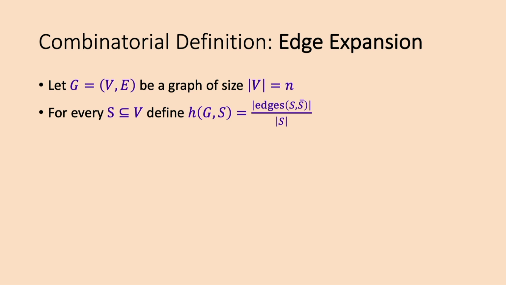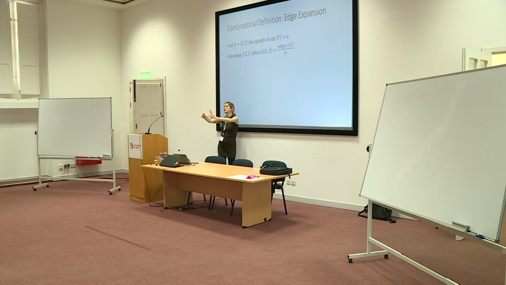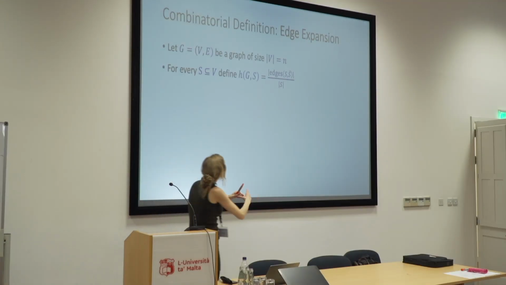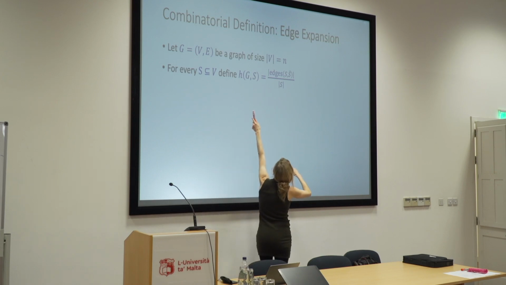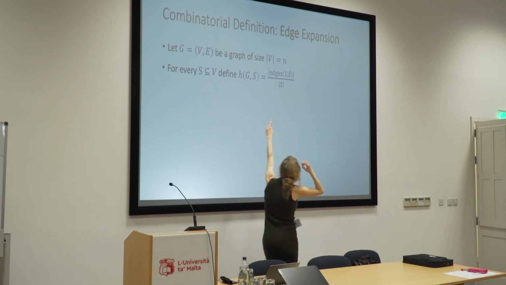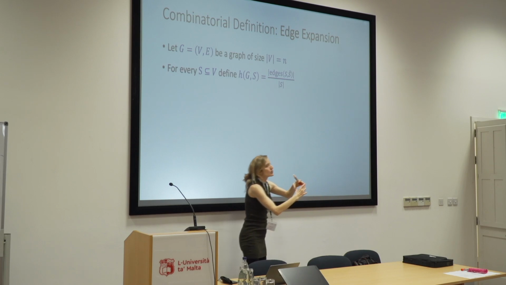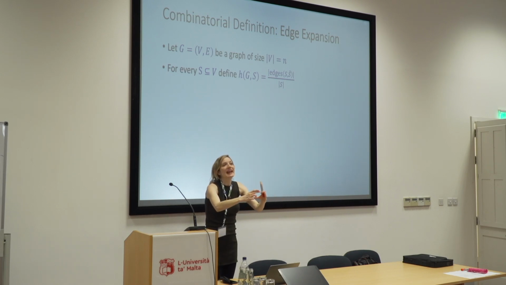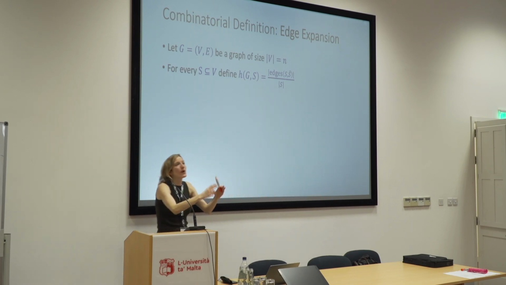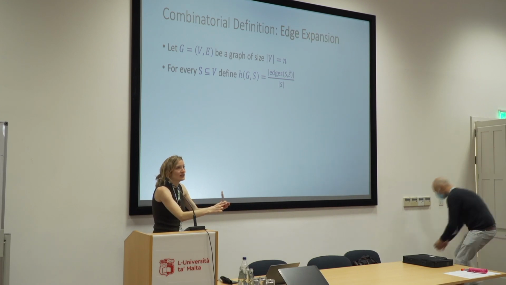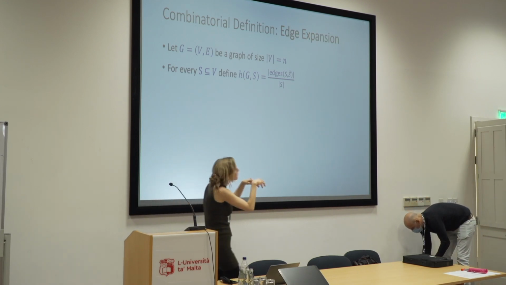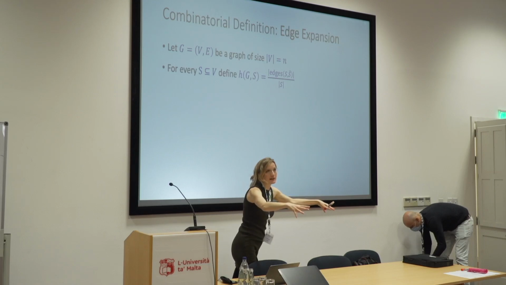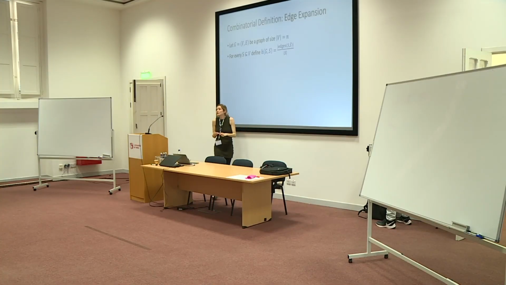Suppose that I take a subset of vertices S. For that subset, I can consider this notion, which I'll call h_G of S, which corresponds to what sort of weighted fraction of edges go from S to outside of S.